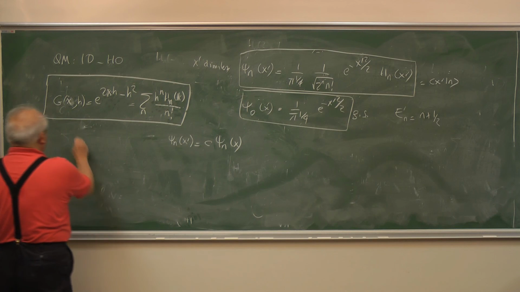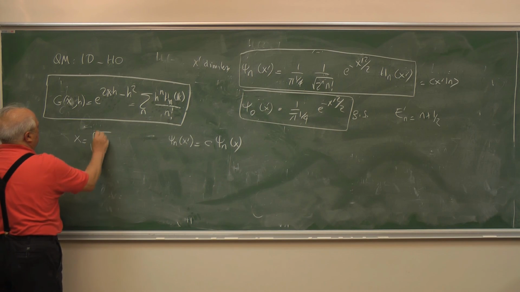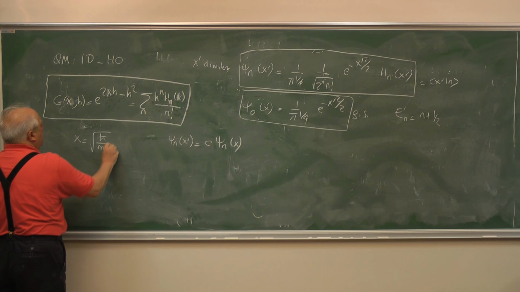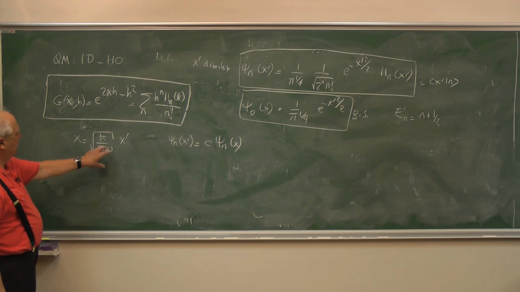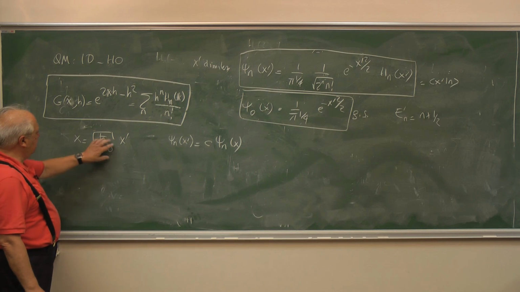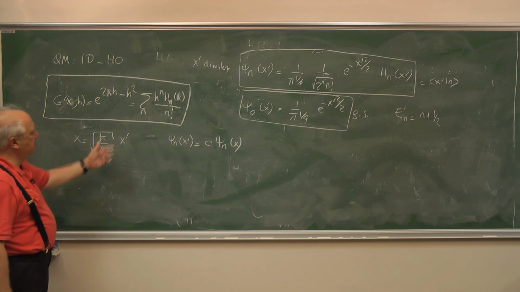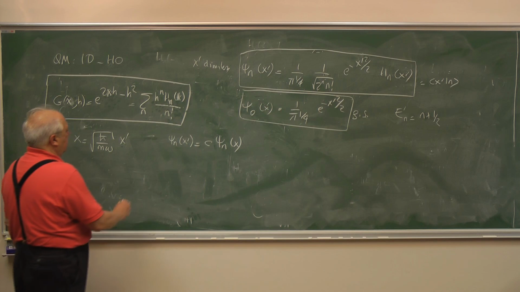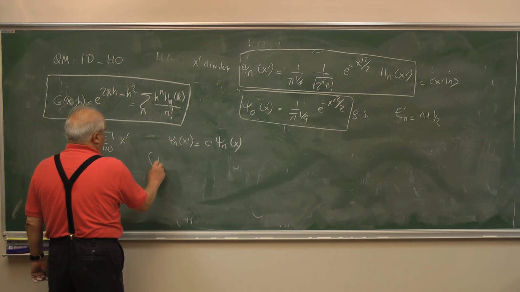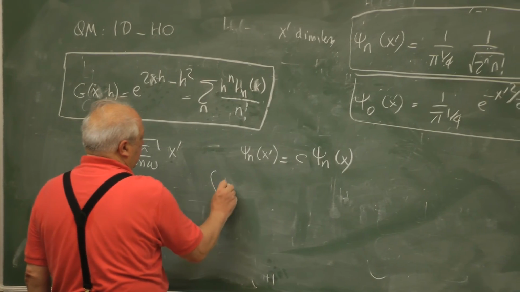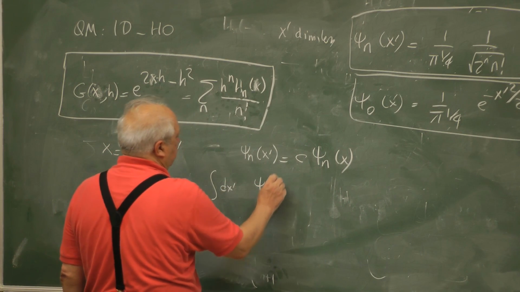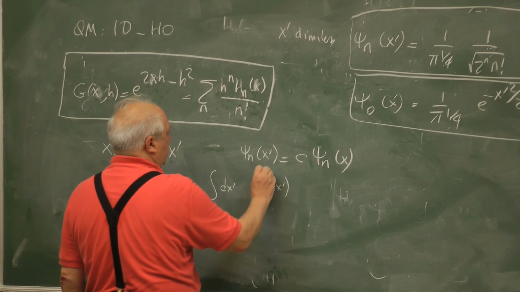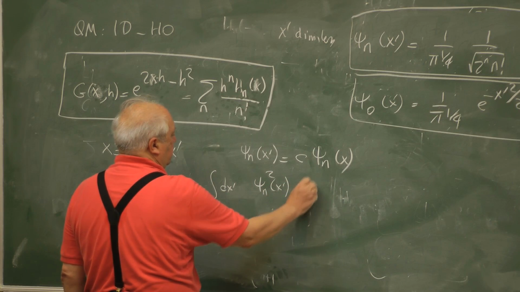Remember, x was equal to the square root of h bar over m omega times x prime. That is a length times x prime, which is dimensionless. So the integral of dx prime psi n of x prime squared is equal to 1.